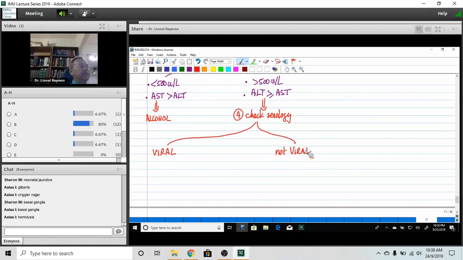Is that okay? So when it's viral hepatitis, well, does it matter the type of virus, or do they all show the same pathology when it comes to looking at the tissue?